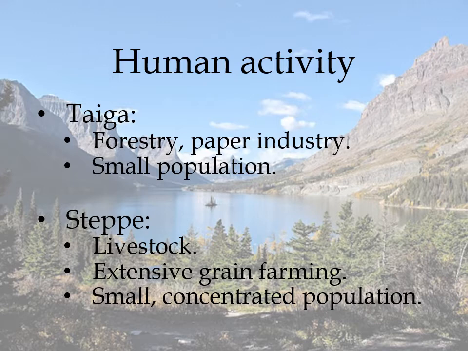They are nomadic herders, such as in Mongolia, for example. They have this extensive grain farming in the United States, for example, or this small concentrated population, normally in the areas which aren't cultivated for grain.